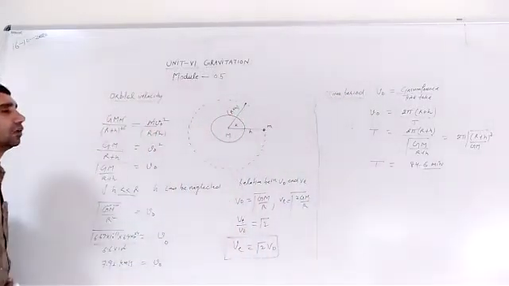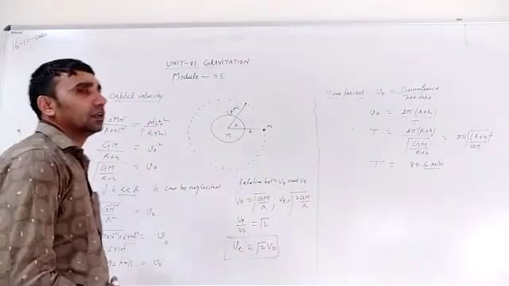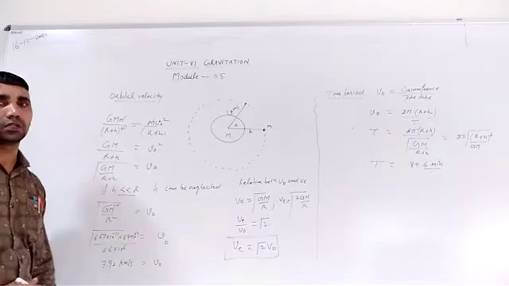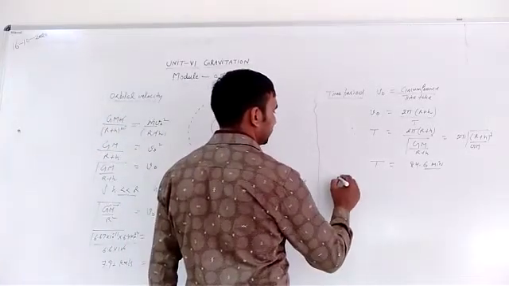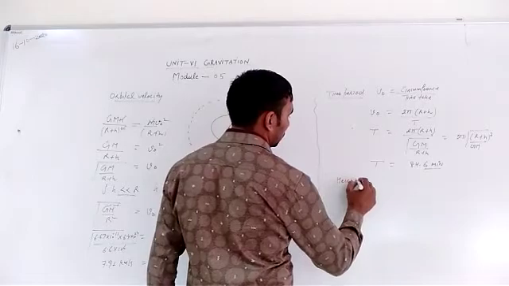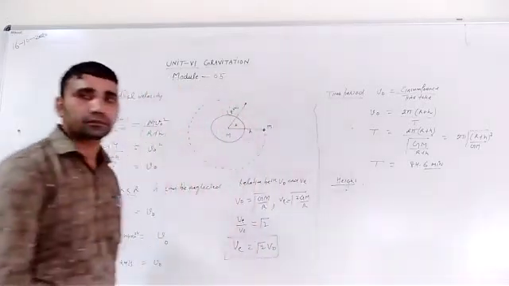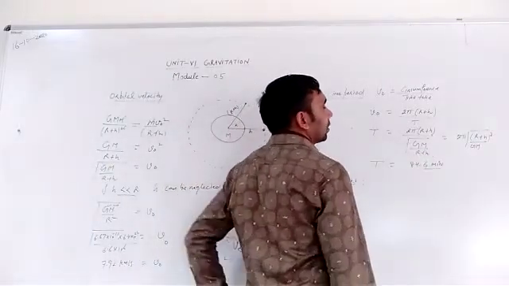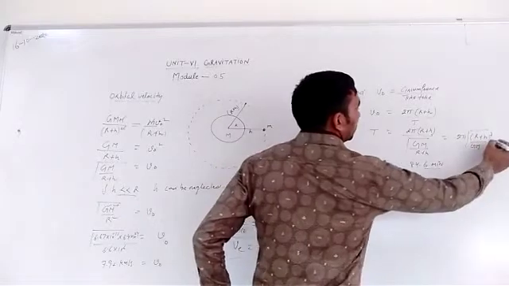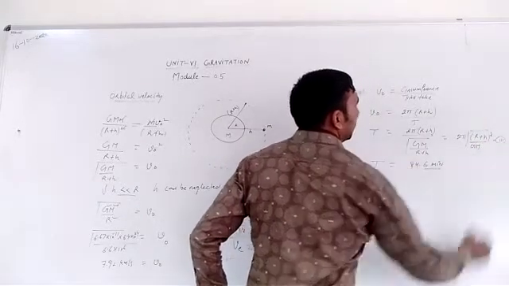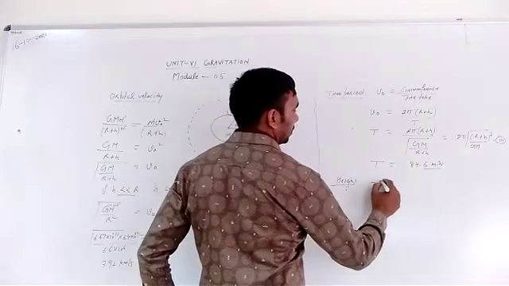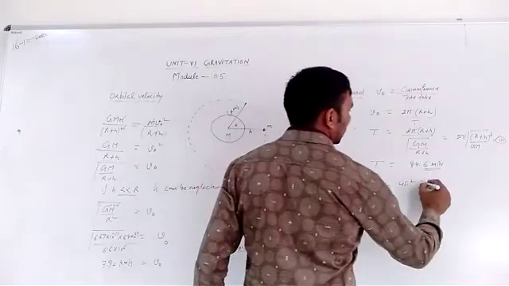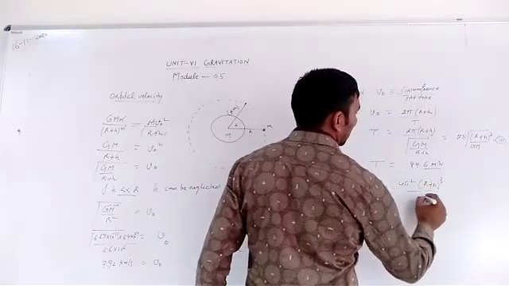Next, we calculate the height from the surface of Earth at which a satellite is launched. Squaring both sides of this equation, T square is equal to 4 pi square (R plus h) to the power 3 divided by GM.